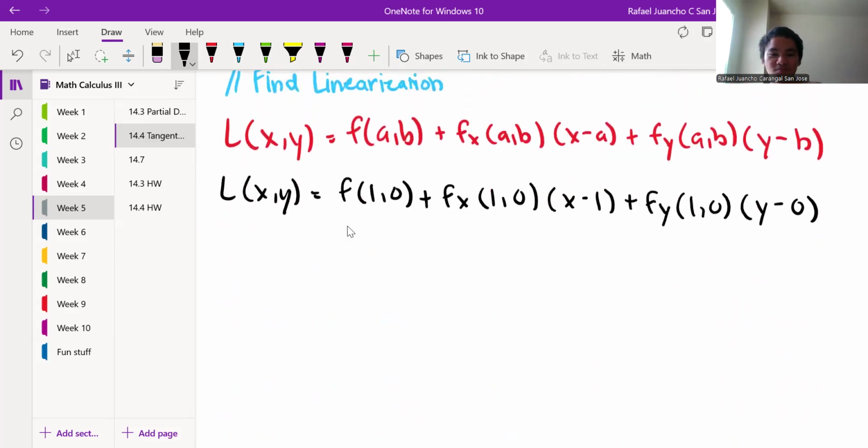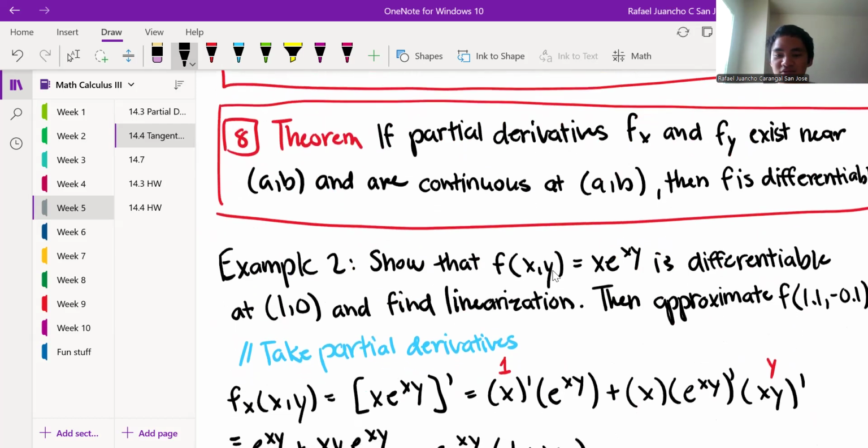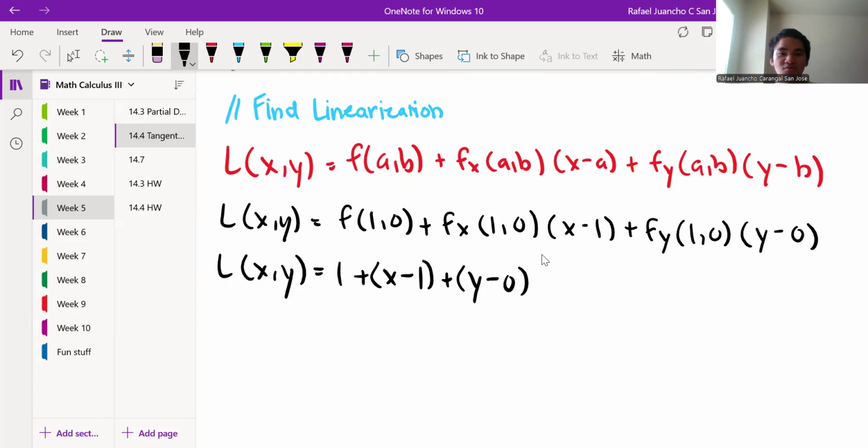Those are just 1. And so what else do I have? My f of 1, 0, I just plug it in here. f of xy, so if I plug in my 1 and my 0, this becomes 1 times e to the 0. Whole thing is 1, right? So this is 1 plus, this is 1, so I just have x minus 1 plus y minus 0. And we're done.